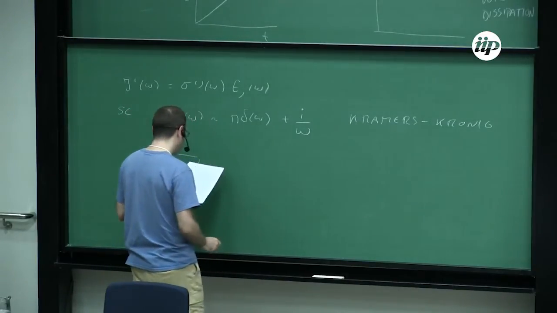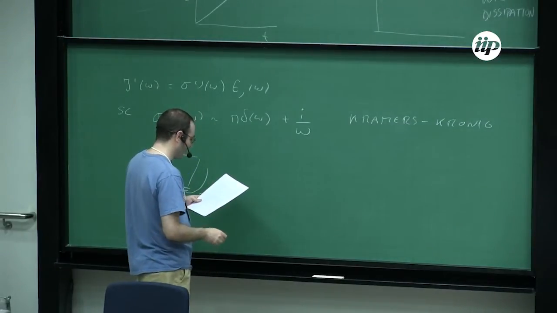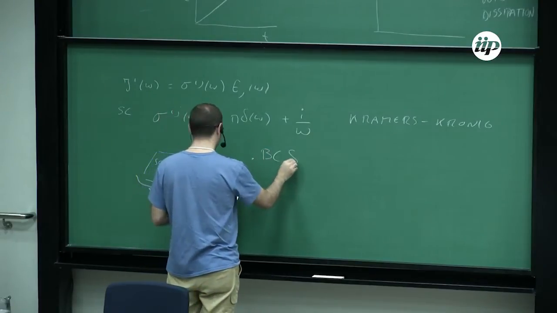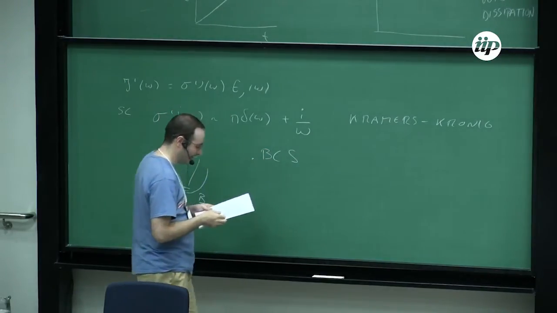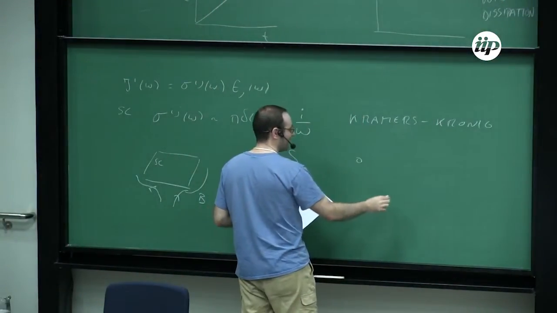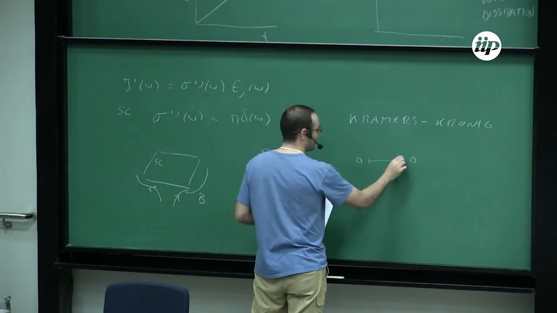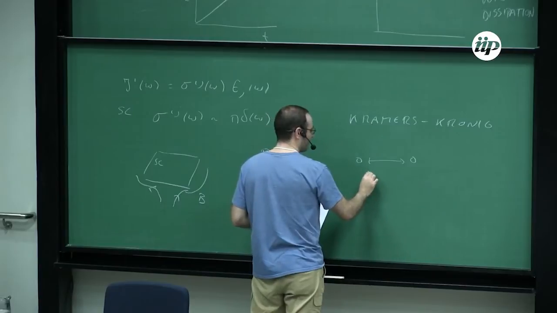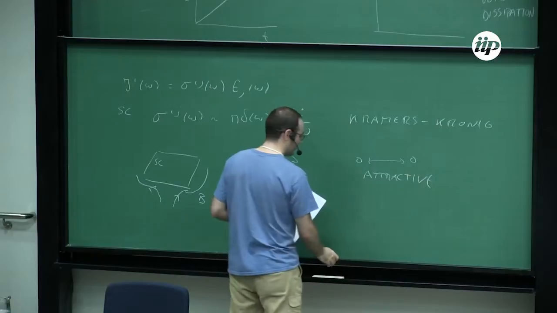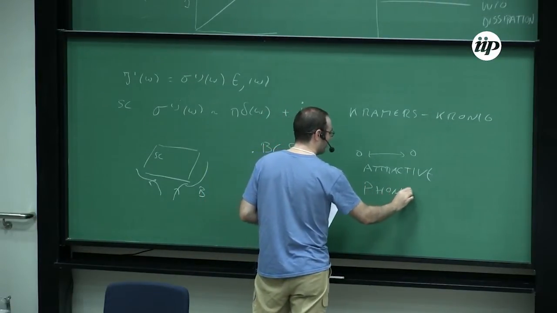In condensed matter, the standard model of superconductors, if you want, is BCS theory. That stands for Bardeen-Cooper-Schrieffer. The idea is that you have the electrons in your material, and then there is an attractive force between them, which is usually due to the phonons in the lattice.